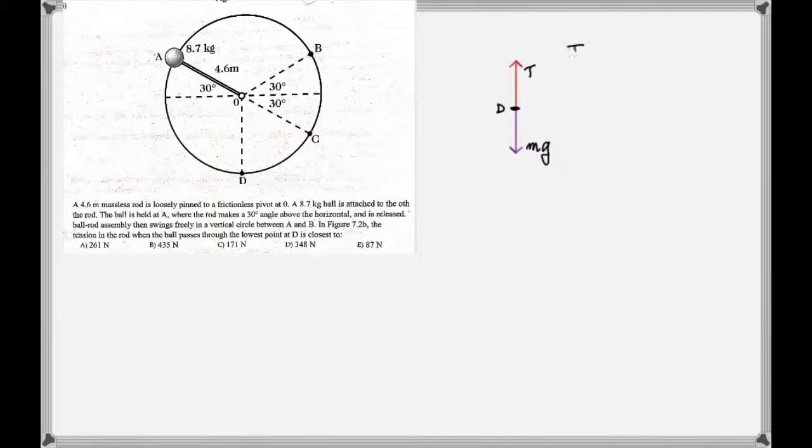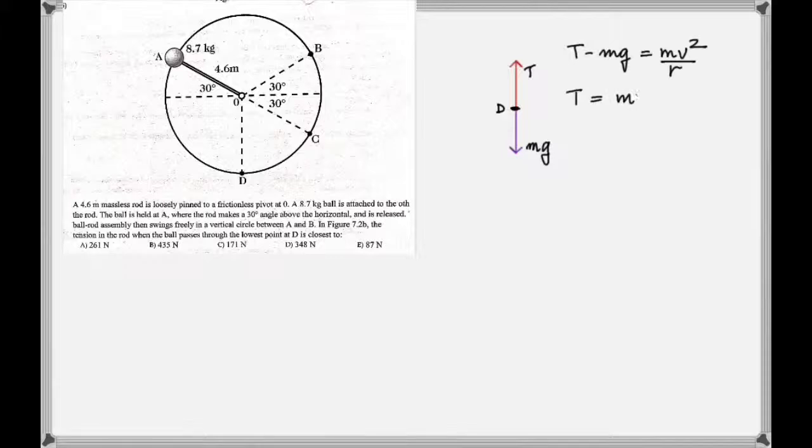So the net force now is going to be T minus mg, because T is up and positive, mg is down, negative, and that should be equal to the centripetal force, and that's positive because the centripetal force acts towards the center of the circle, which in this case is up, which makes it positive.